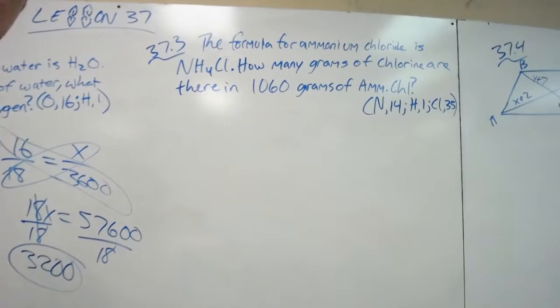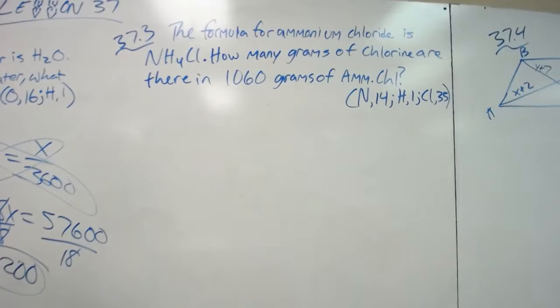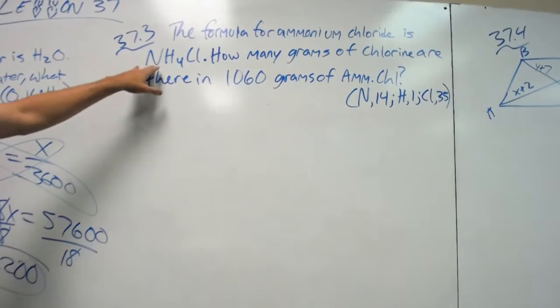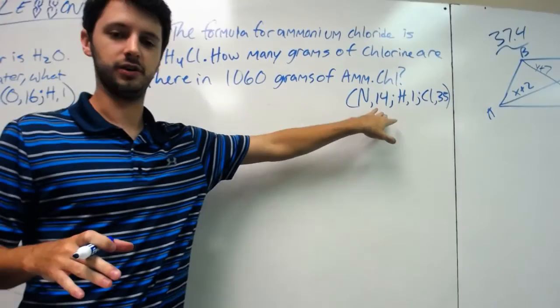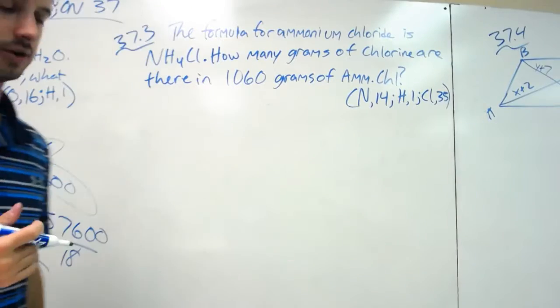The formula for ammonium chloride is NH4Cl. How many grams of chlorine are there in 1,060 grams of ammonium chloride? This one, notice we have 3 little components here: nitrogen, hydrogen, and chlorine.